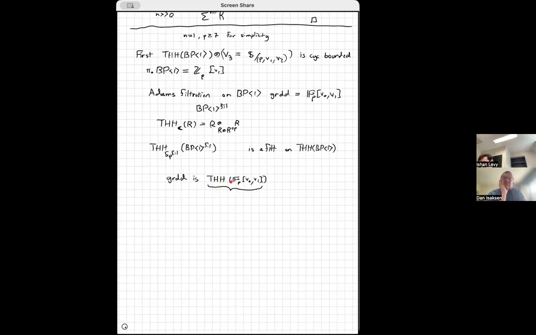Well, the point is that, again, THH is symmetric monoidal. So this ring just breaks up as a tensor product of two rings. Namely, it's THH of F_p and then THH of the other factor, which is just a polynomial ring over the sphere.